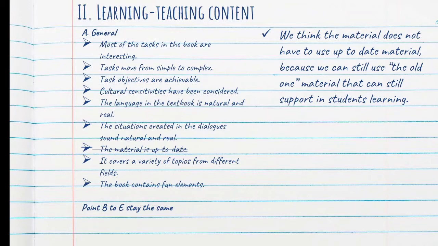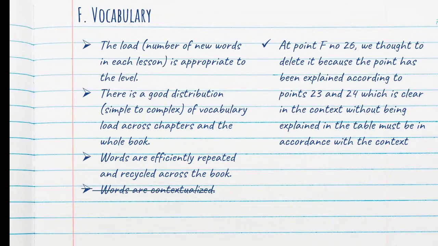So it doesn't have to be new, up-to-date material. And for points B to E, they stay the same, because we don't think we have to change anything there. Okay, that's all from me.